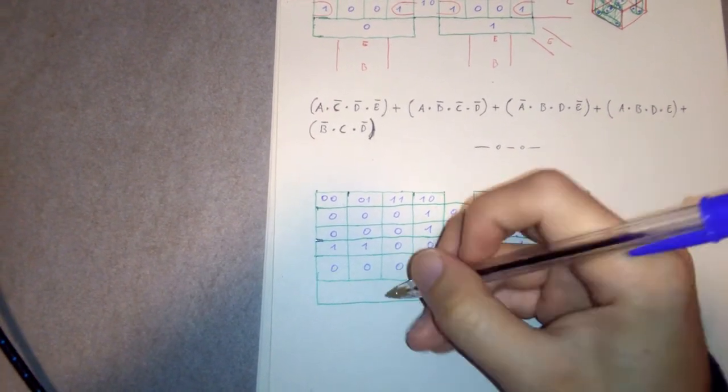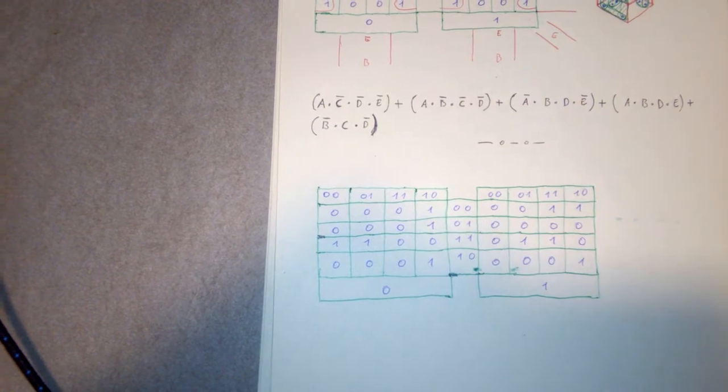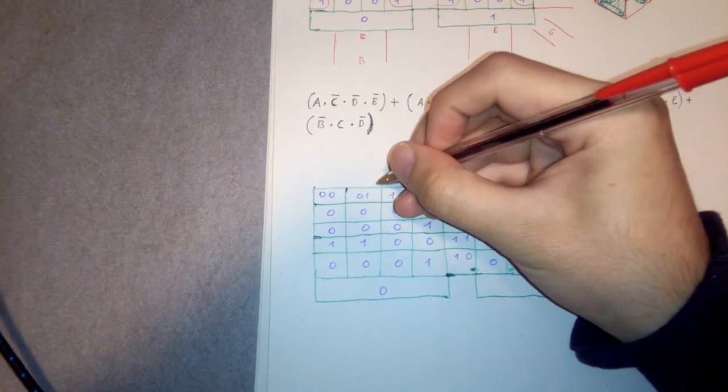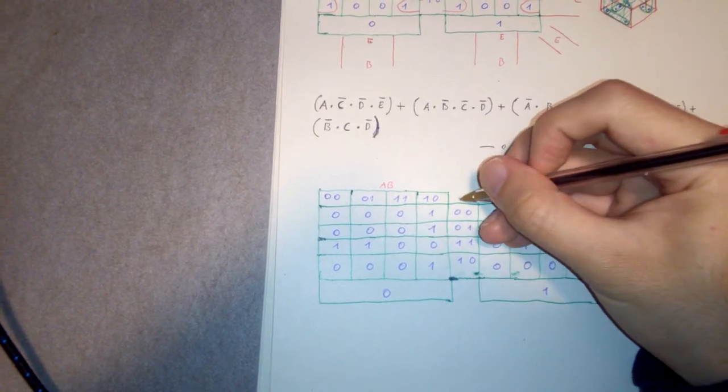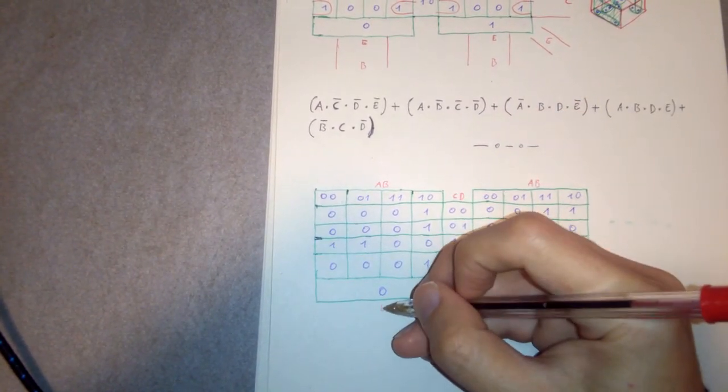Here we have 1 and here we have 0. So our entries are AB, CD, and here we have E.